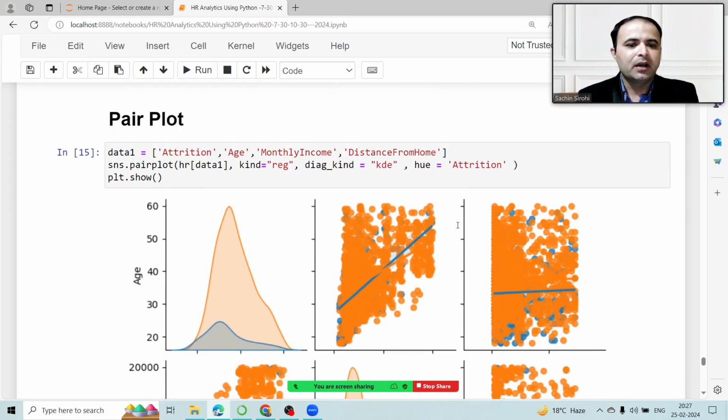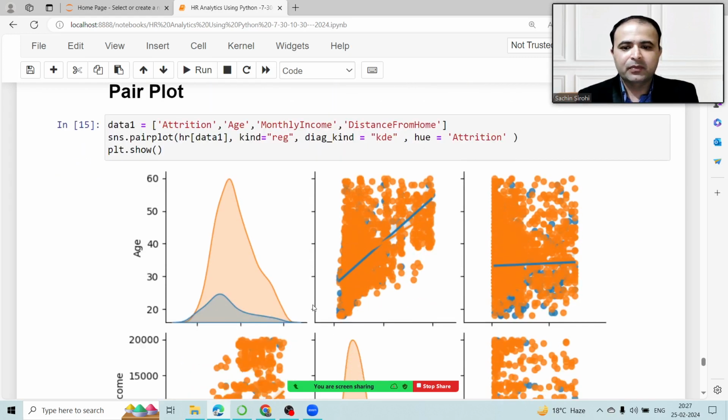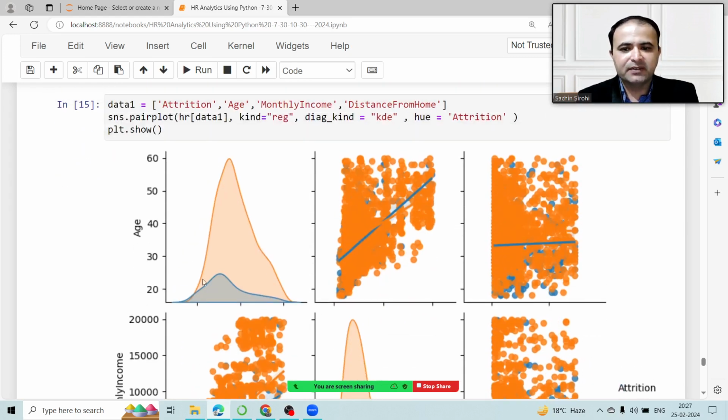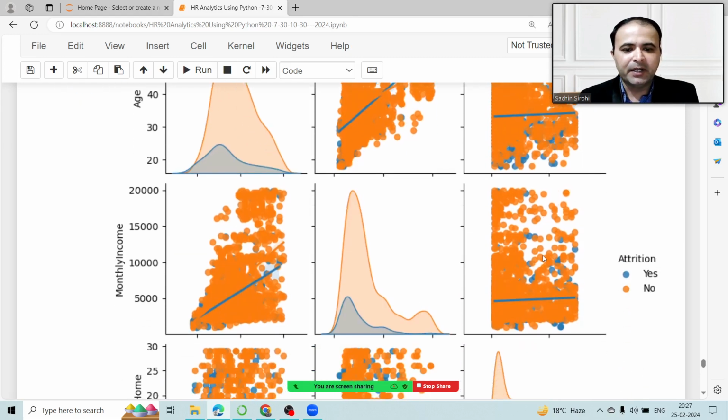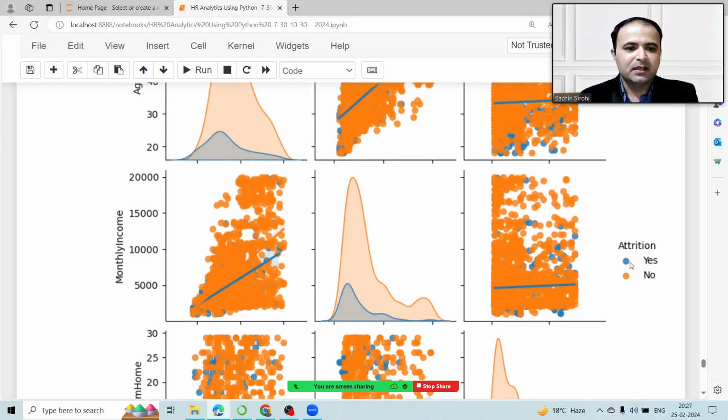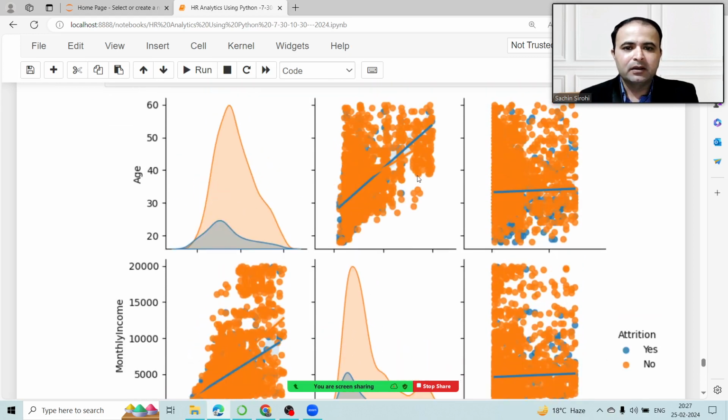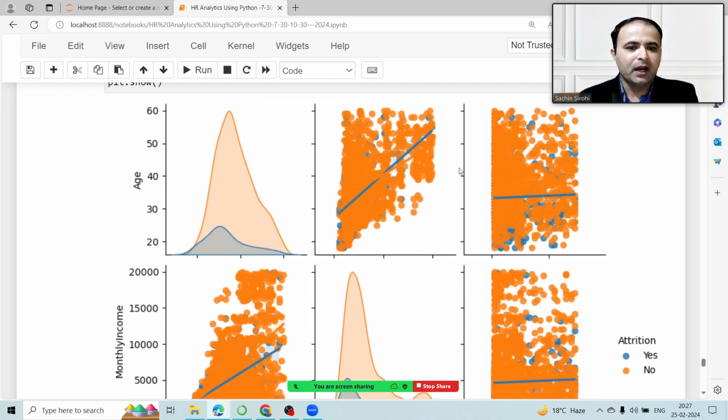So we want to check the attrition. So the attrition age wise, like yes or no. The attrition is a little bit less age wise, yes in a blue color, and no in an orange color.